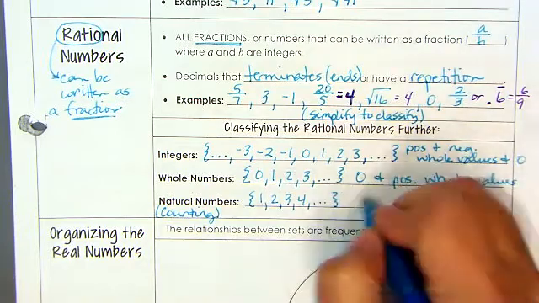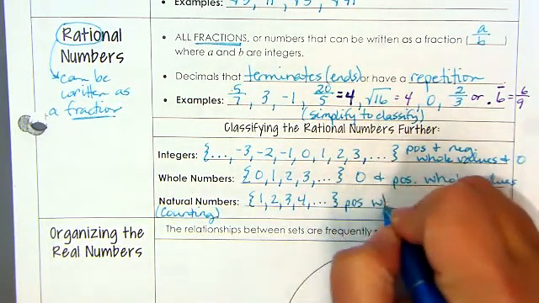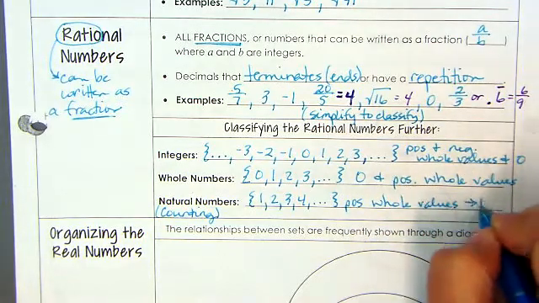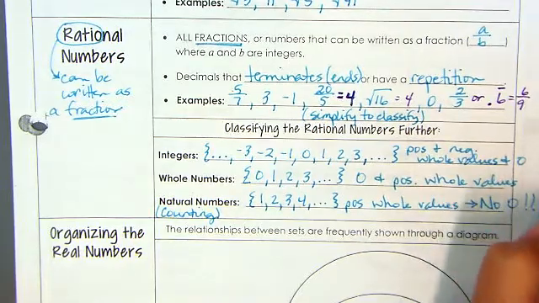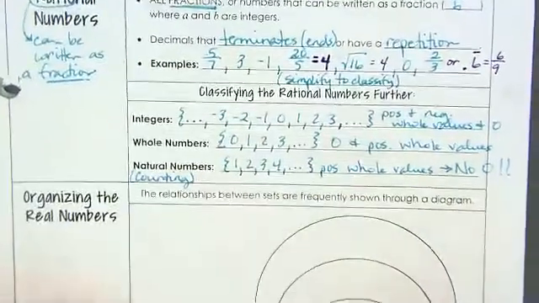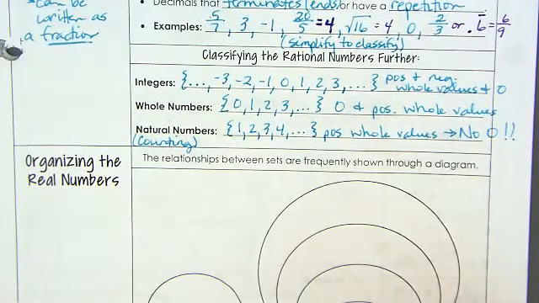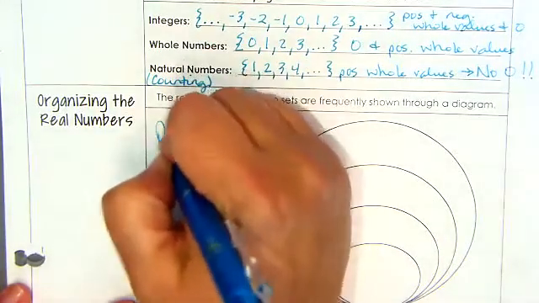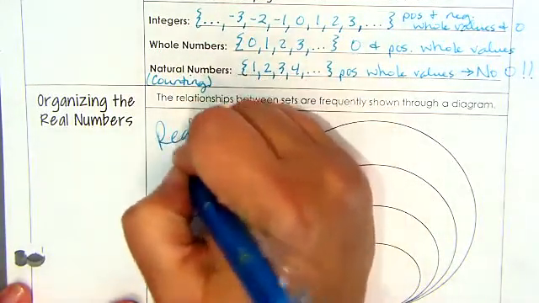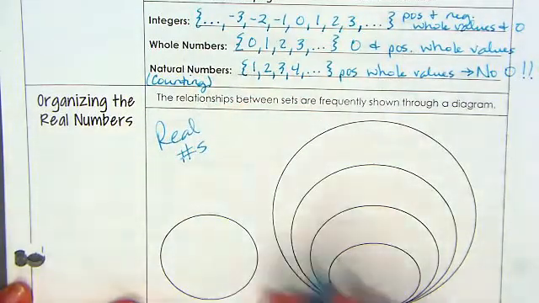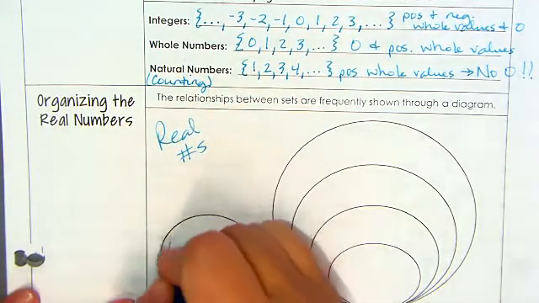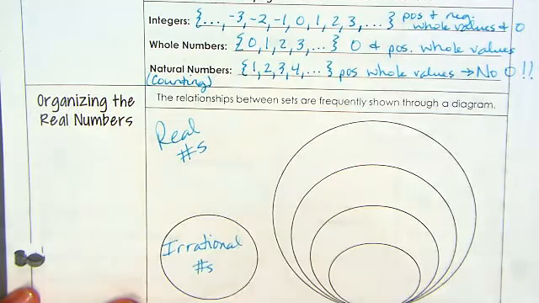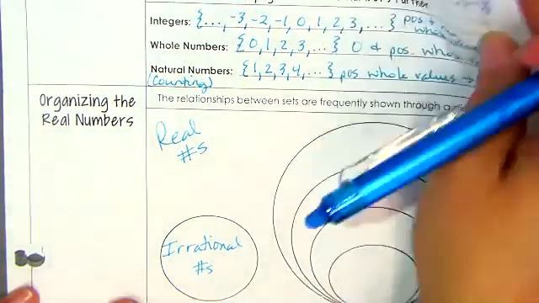So this is positive whole values, but the big thing here is there is no 0 in the natural numbers. Now if we're looking at a Venn diagram, the big picture is all real numbers. This separated section is irrational numbers, and then we start from the inside out.